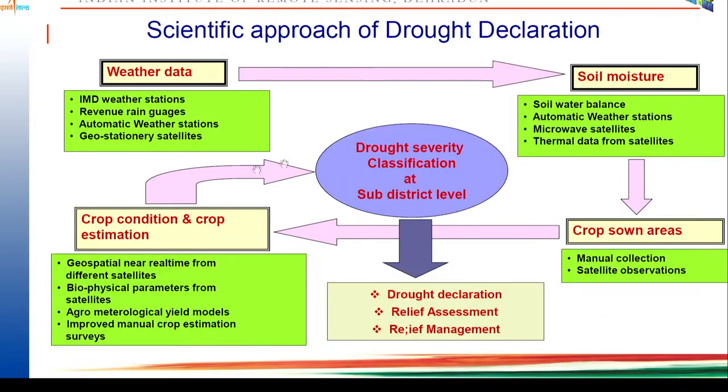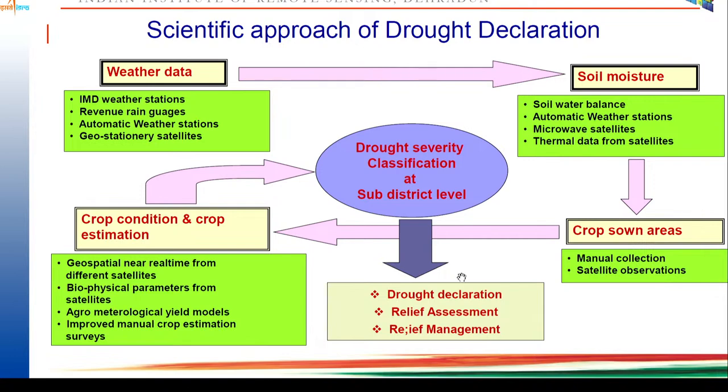How does it work? Weather data, geostationary satellite data, rain gauge, automatic weather station, soil moisture, water balance, microwave, thermal, crop condition from optical satellite data, agrometeorological yield model, and so on. Crop zone area you can also get from satellite observation like SASI, slope angle index.